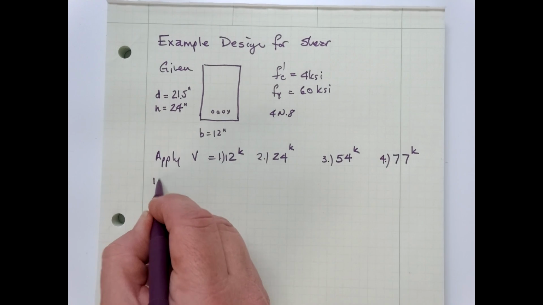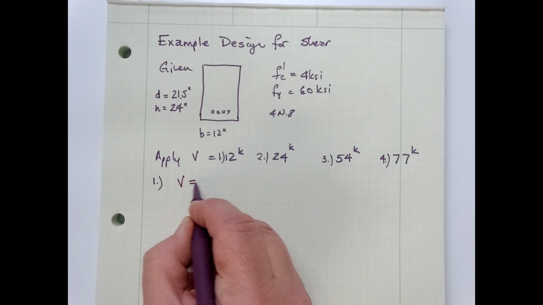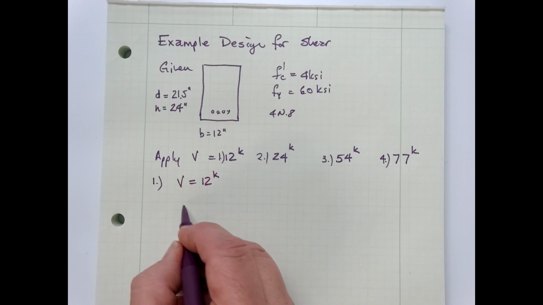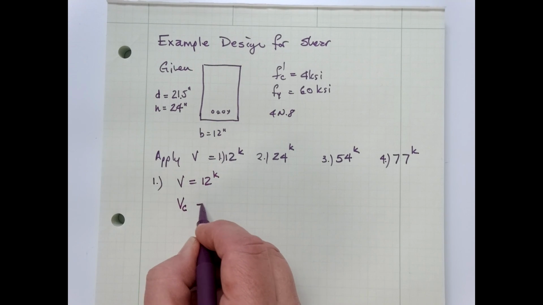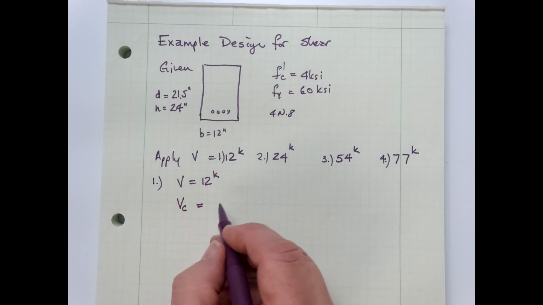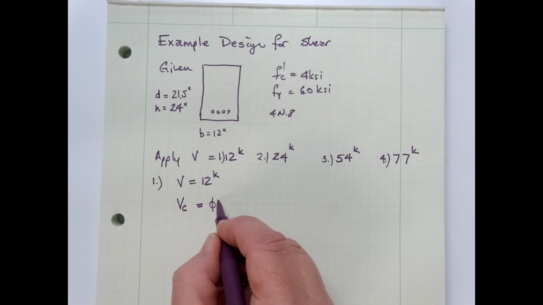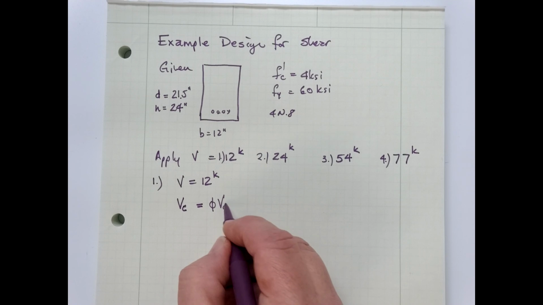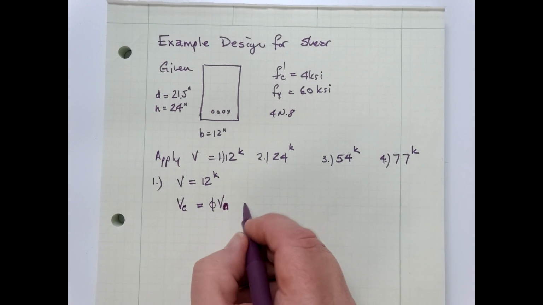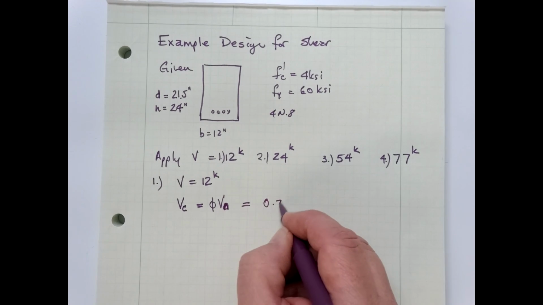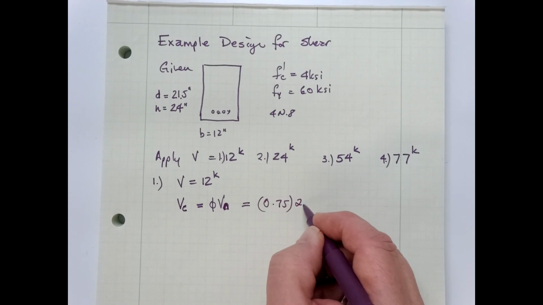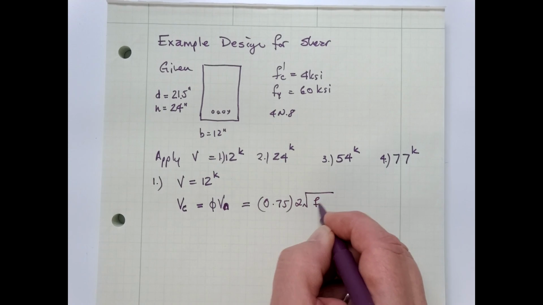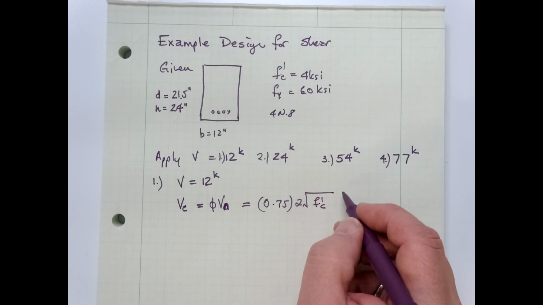So, number 1, the shear is equal to 12 kips. V sub C is equal to phi sub C, or V sub N, which is equal to V sub C, and that is 0.75 multiplied by twice the square root of F prime C BD.